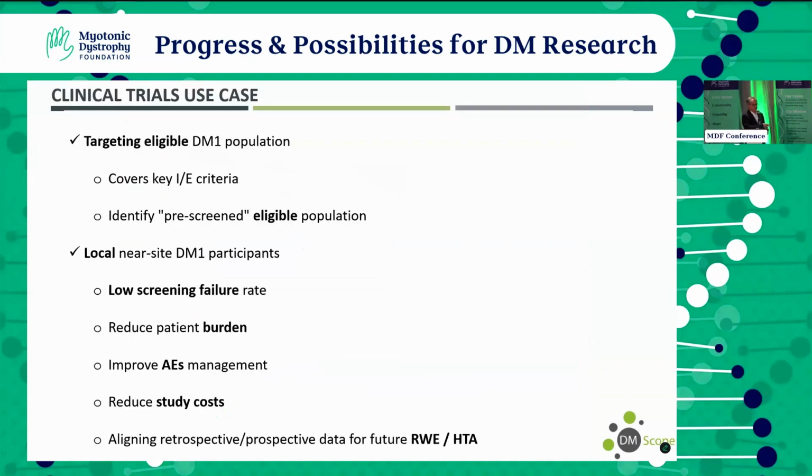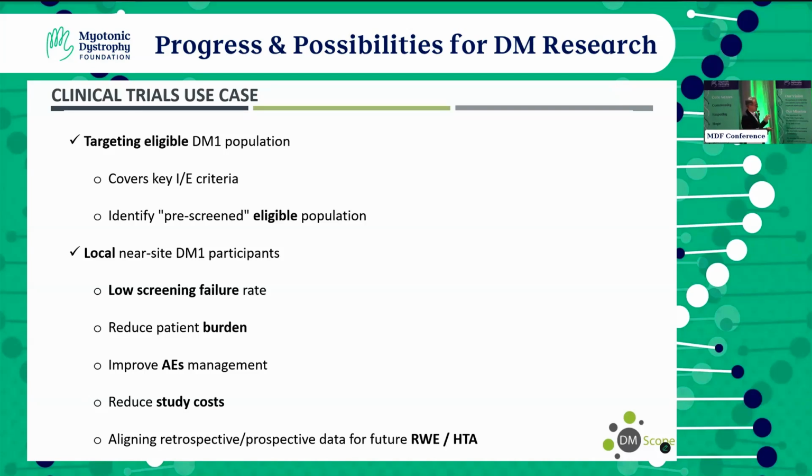So what are the advantages today of having a registry? First is that this is targeting the eligible patient, and it covers the major inclusion-exclusion criteria. Not all, I would say, and I still have the surprise of biological value. So I would really here emphasize, be aware, be careful of biological value in DM patient.